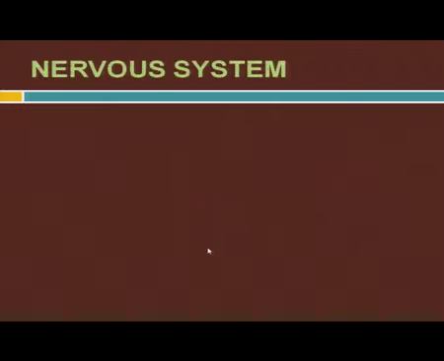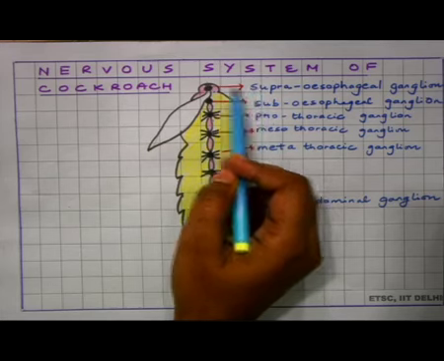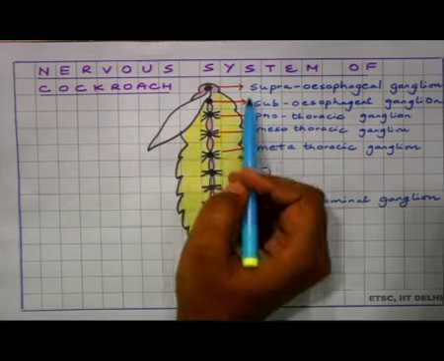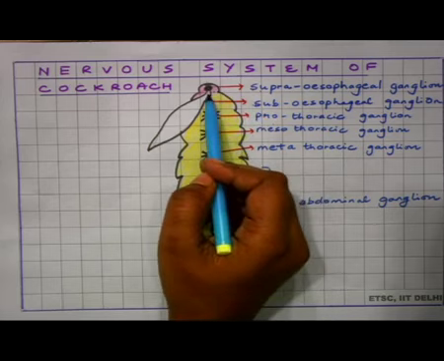But what about the brain? Is a brain present in the cockroaches? We can say that a rudimentary form of brain is present in the cockroaches, the central nervous system. It consists of the supraesophageal ganglion, or can be called the brain, and the subesophageal ganglion. The position is based on the esophagus.